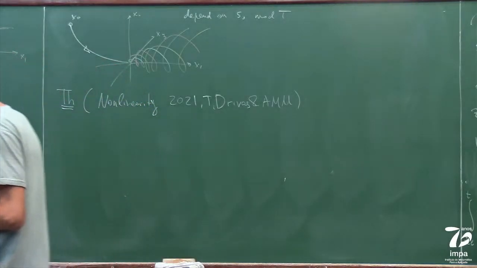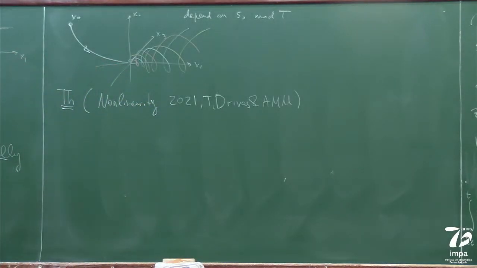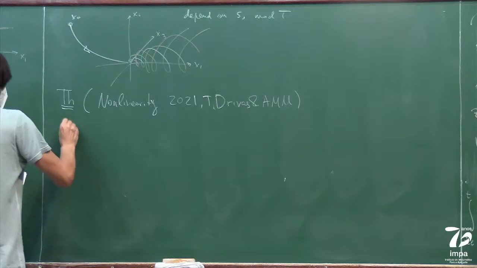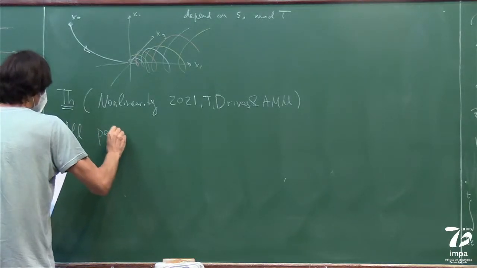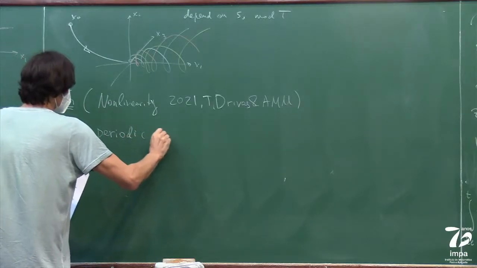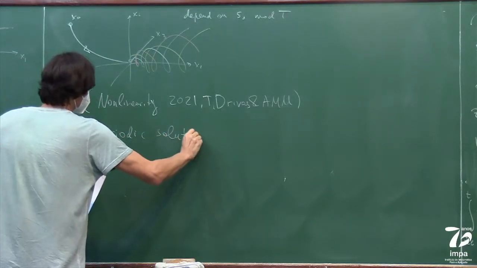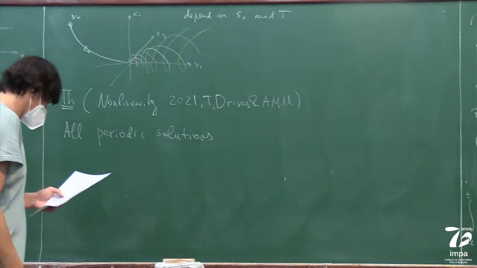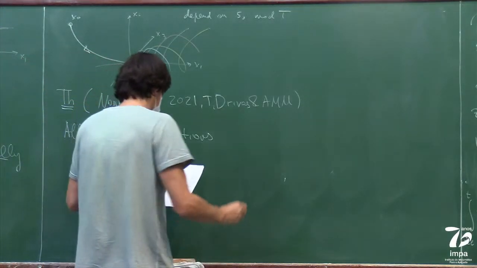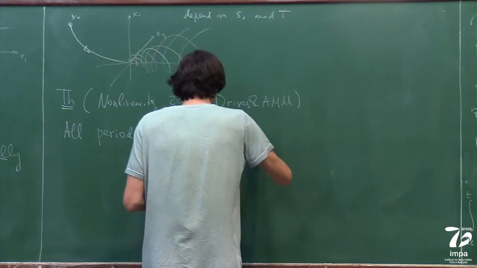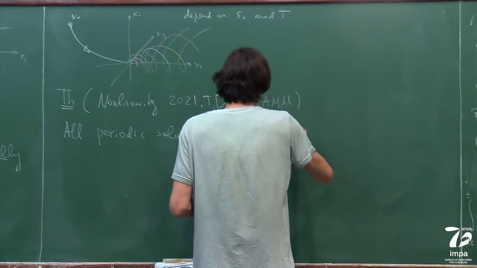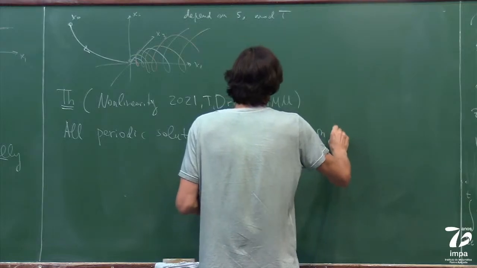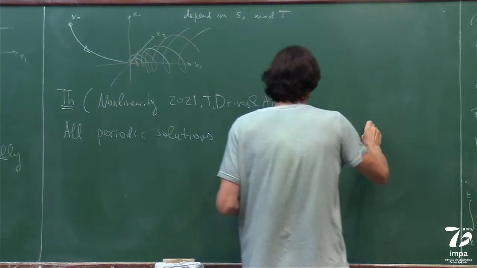So what you can prove in general is that all periodic solutions are obtained in the subsequence limit.